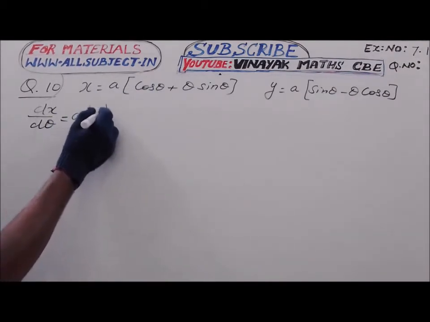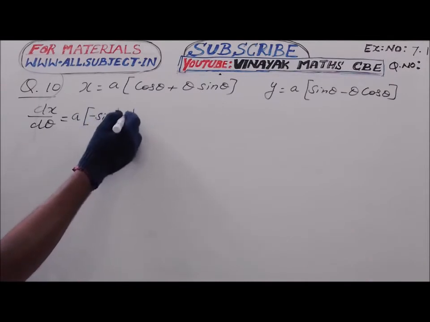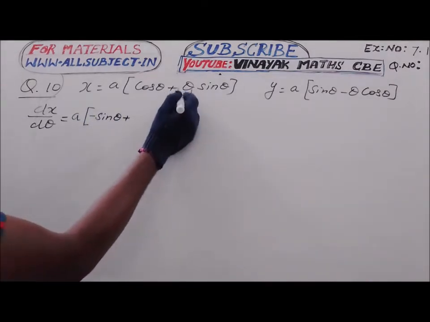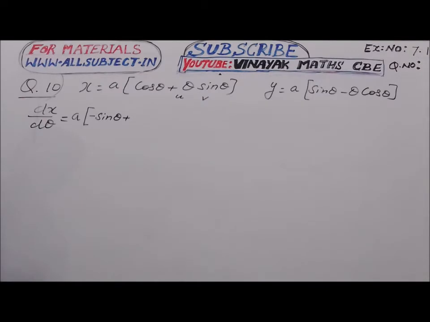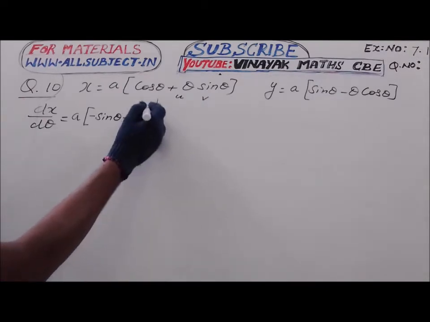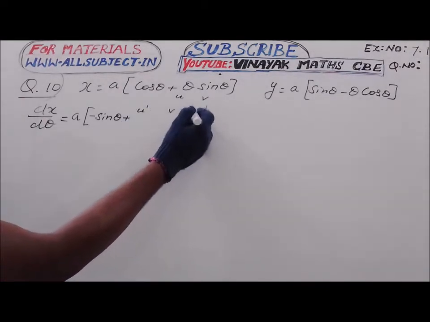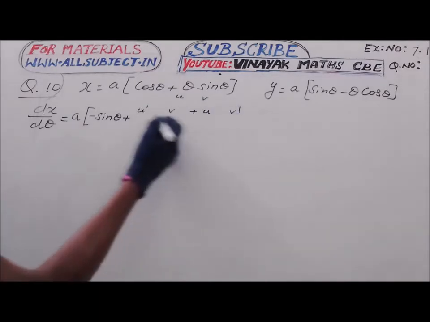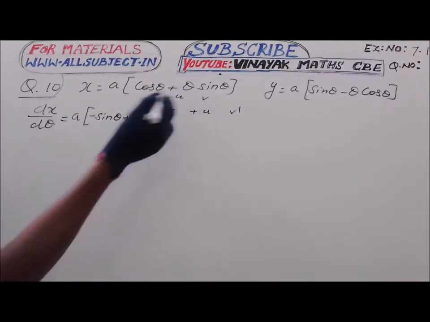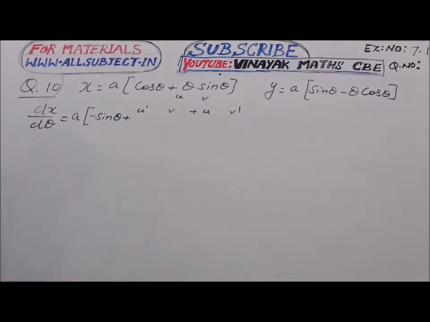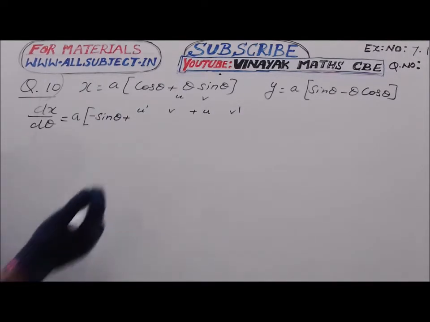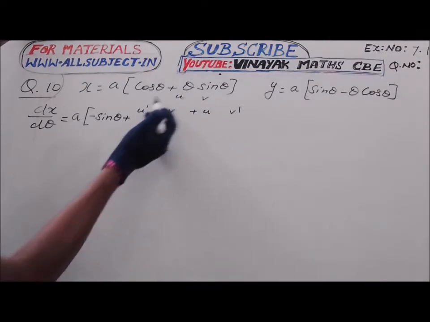Derivative of cos theta is minus sin theta, plus here u equal to theta, v equal to sin theta. By the formula u dash v plus u v dash. Substituting here, u dash means derivative of theta with respect to theta, which is 1.